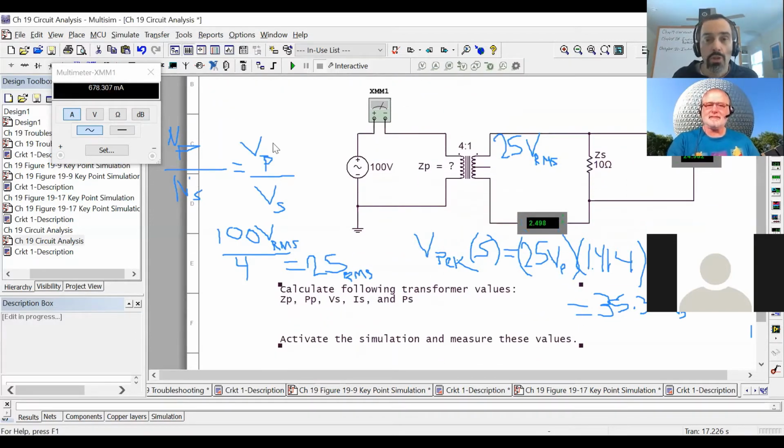So if you want to find V peak, V peak is equal to your VRMS times 1.414. Okay?